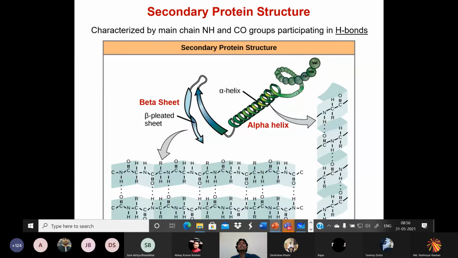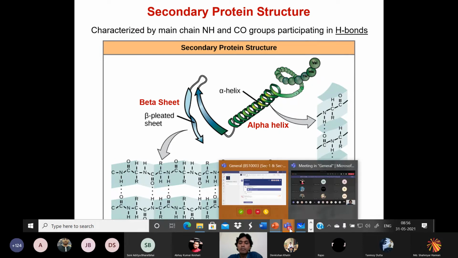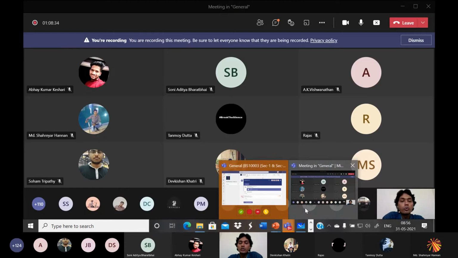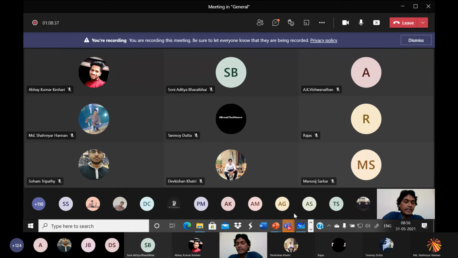Now, secondary protein structure. Mostly whatever I will discuss today is for someone who is in a chemistry class, either in IIT or any chemistry honors in any university. This is very standard, like at least 50 marks or 100 marks should be biochemistry. And in a biochemistry course, protein chemistry is the most fundamental one.